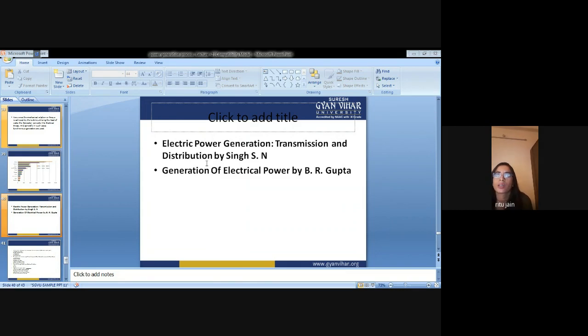The reference books are Electrical Power Generation, Transmission and Distribution by Singh S.N., and Generation of Electrical Power by B.R. Gupta.